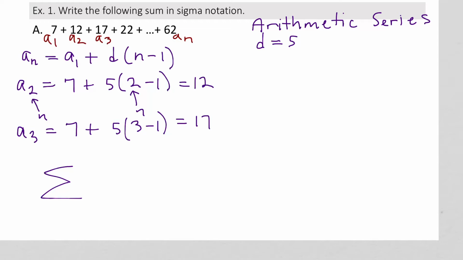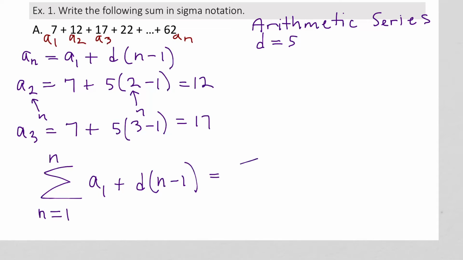So we can say that our sigma is the sum of all of these terms, starting with the first term. So we're using n, not i. Starting with the first term, where n is equal to 1, to the last term, n, of a sub 1 plus d times n minus 1. Now let's just fill in the numbers.